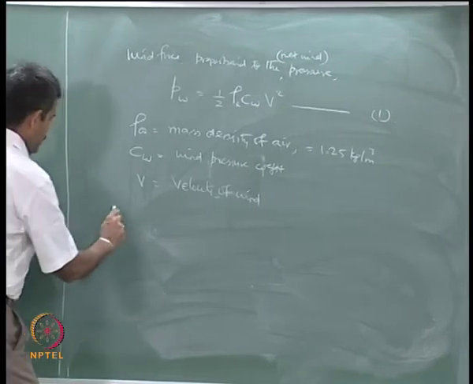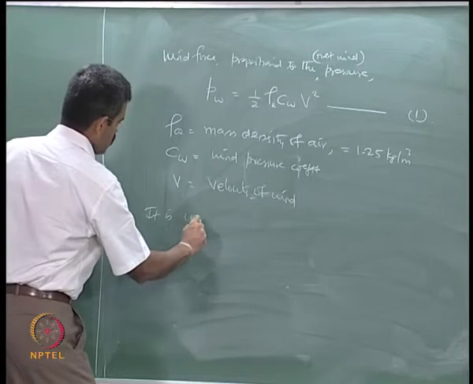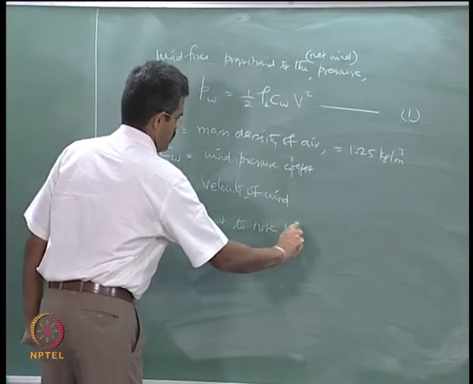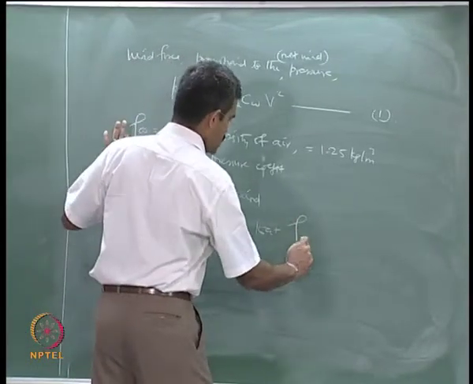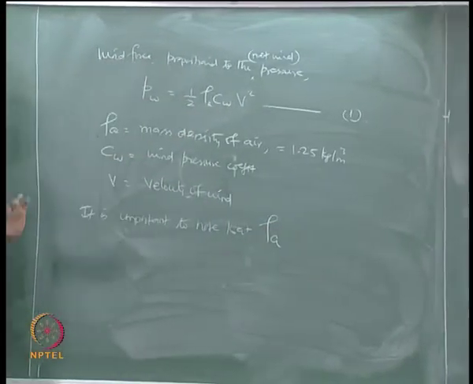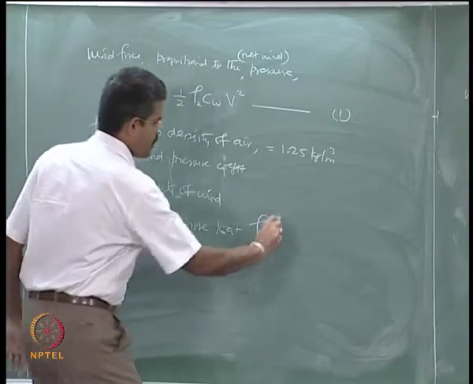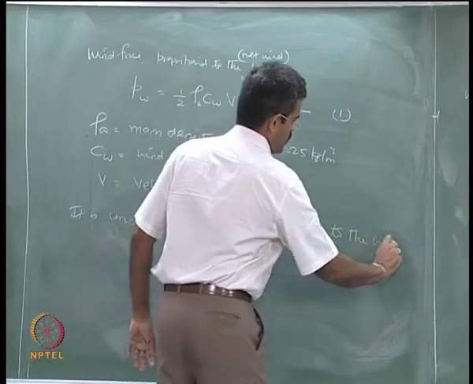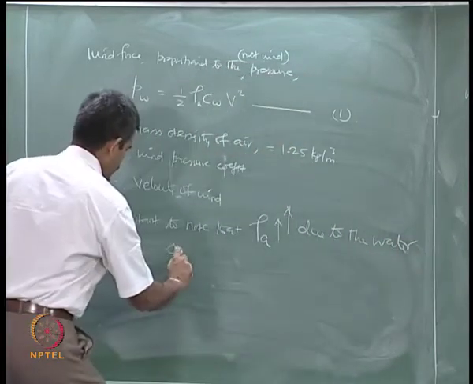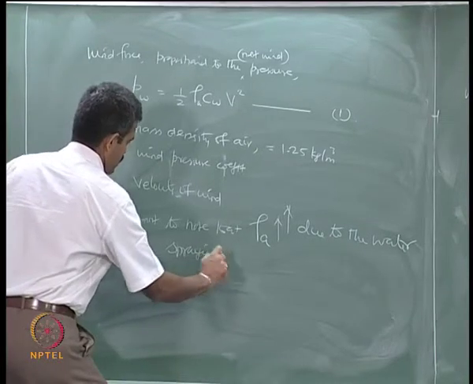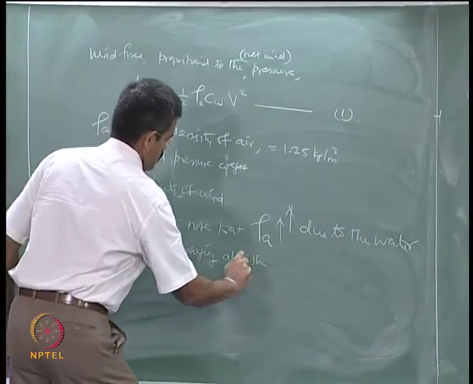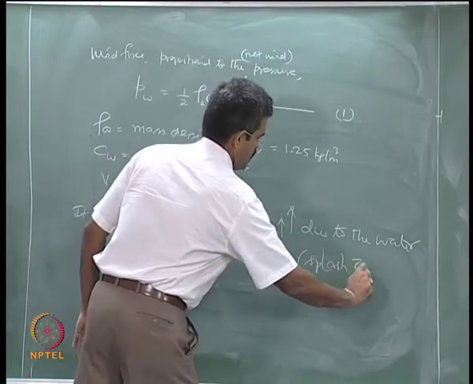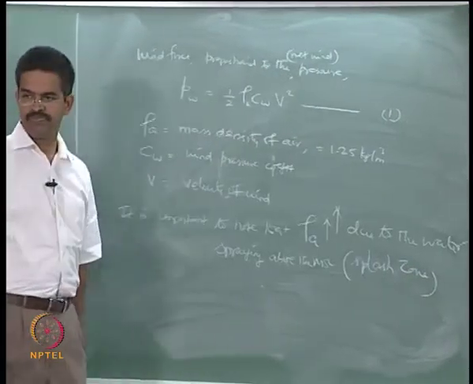Interestingly, it is important to note that the mass density keeps on increasing due to the water spraying above the MSL, that is what we call as splash zone.